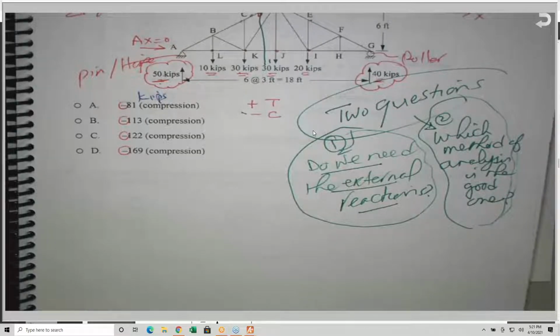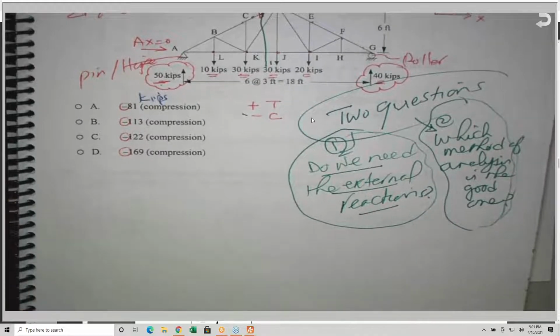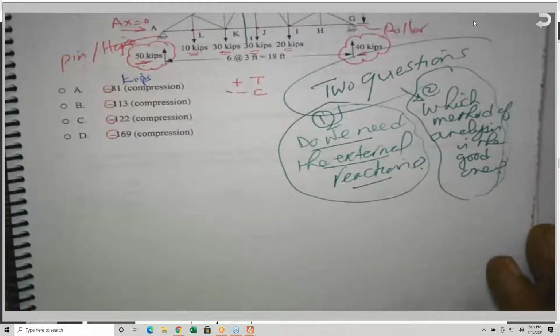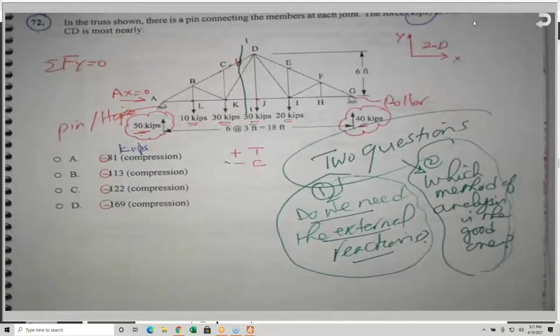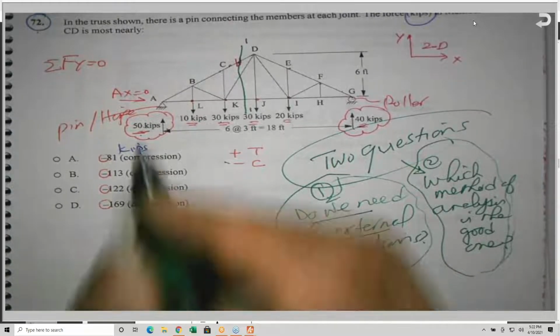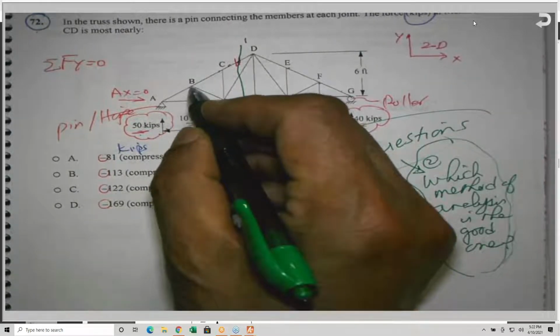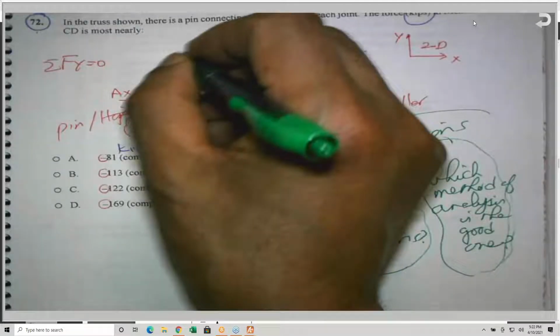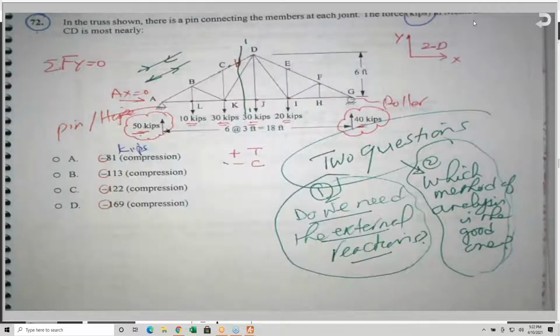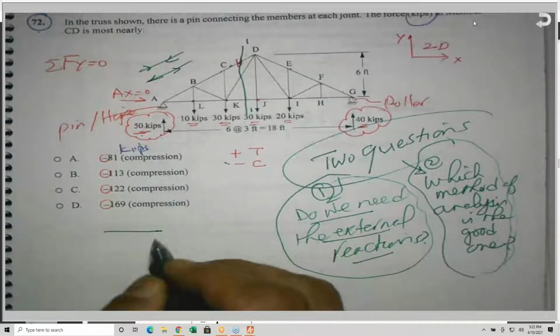No, the truss and the frame are not the same. Trusses can carry only axial load, but frames carry axial, bending and shear. So this member has no moment; it carries either tension or compression. That's it. But what is a frame?